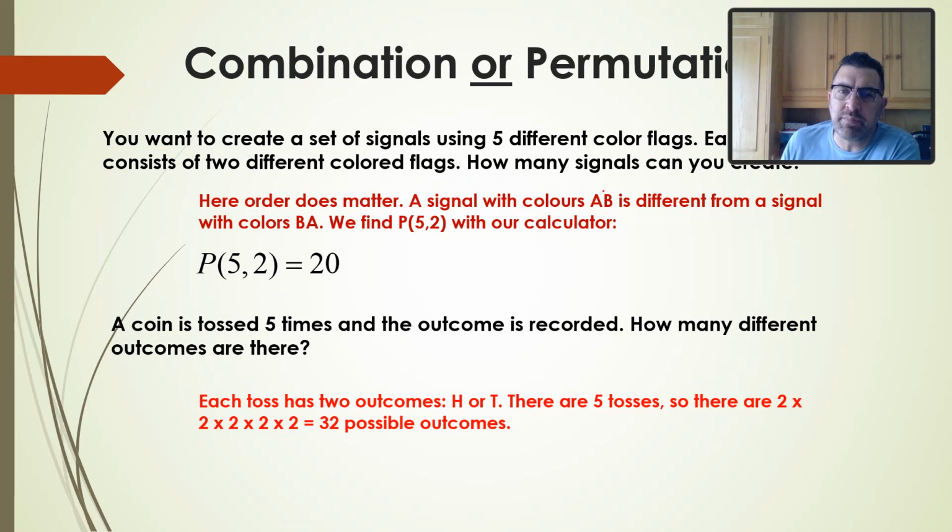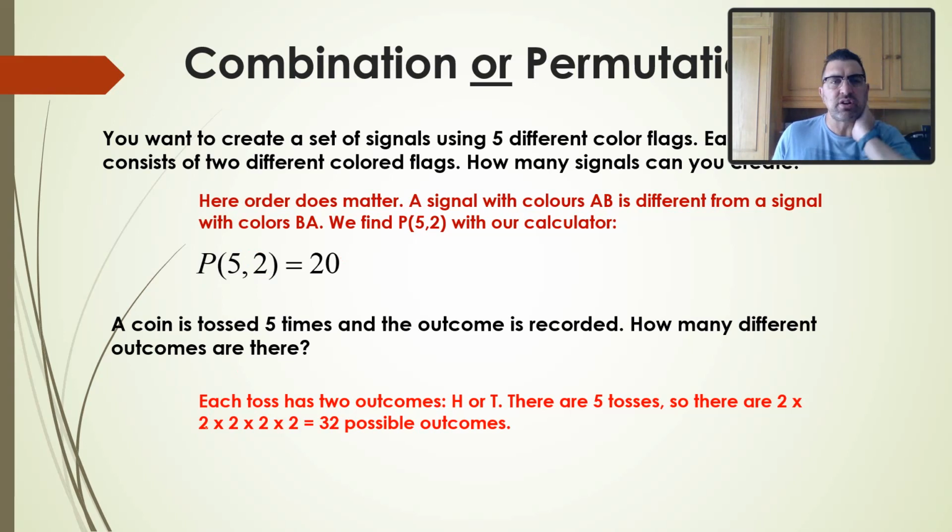AB or BA is a different signal. So we have 5 colors and want to arrange them in 2. It's a permutation, arrangements of 2 from 5. So there's 20 in total.